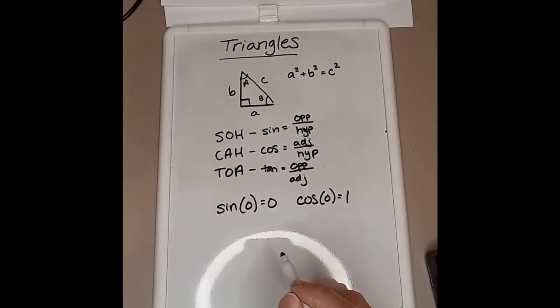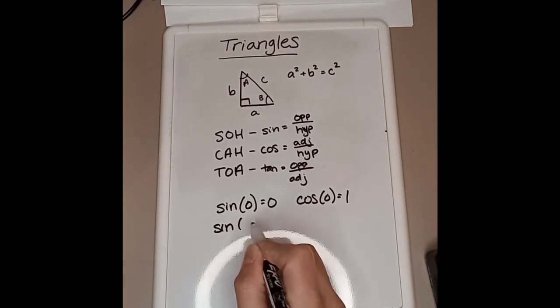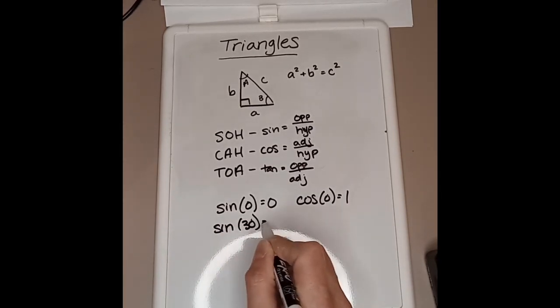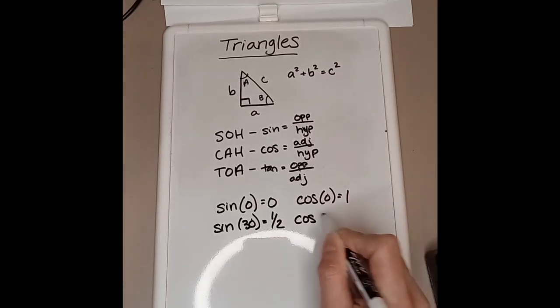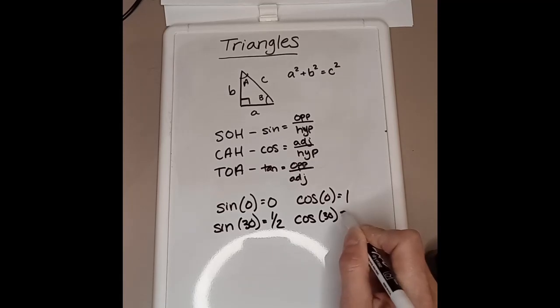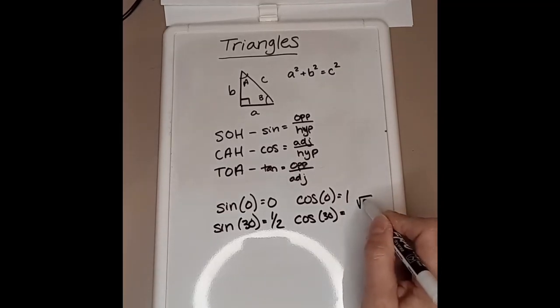So a 30, 60, 90 triangle is one of the most common, most useful, I think. So if you have a sine of 30, it's a half. Cosine of 30 is square root of 3 over 2.